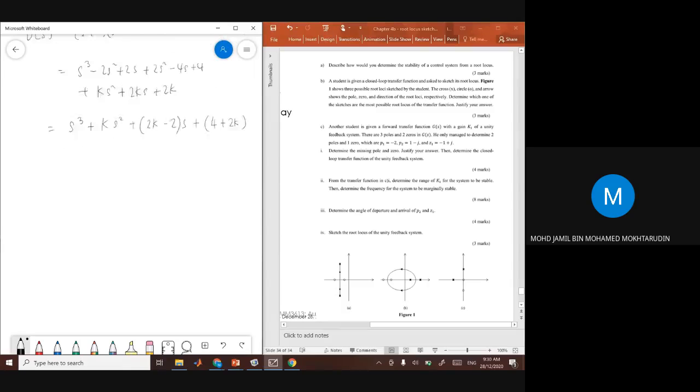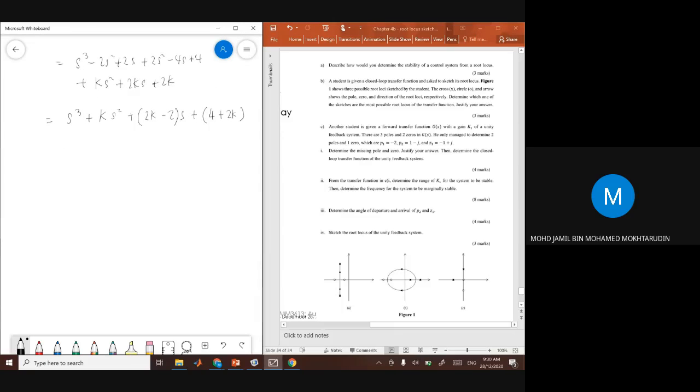Okay, and then from the denominator we draw the Routh-Hurwitz table. So start from s cube and s squared. So this is 1, K, then K minus 2, then K plus 4.